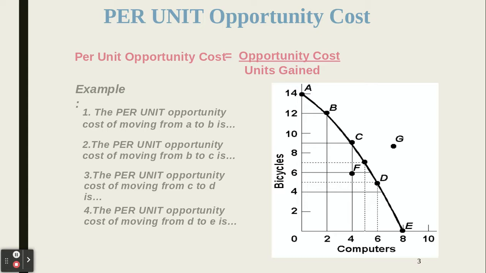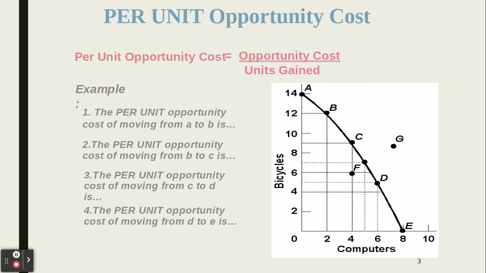So if we are looking at number one here as the example, we're going from point A to point B. Okay, so at point A, we're making 14 bicycles to our 0 computers. This means we're putting every resource we have into making these bicycles.